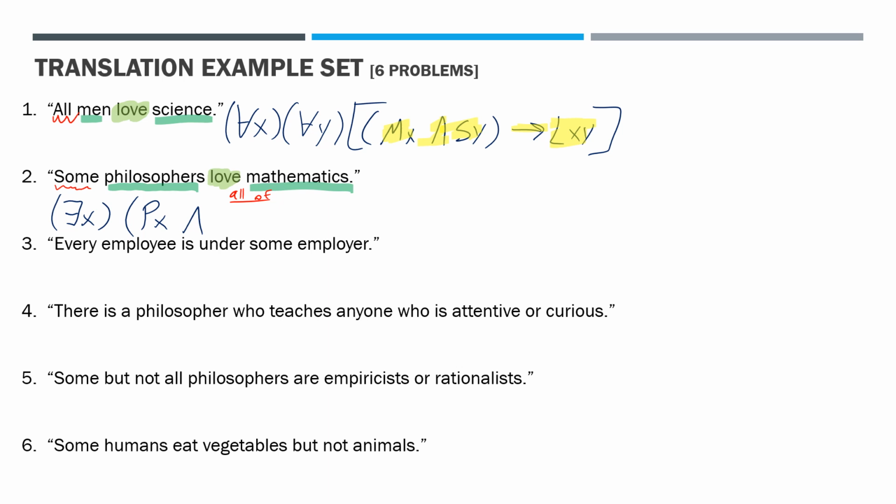the universal portion. So we need another quantified variable, for all y. So we'll say if y is mathematics, then Lxy.